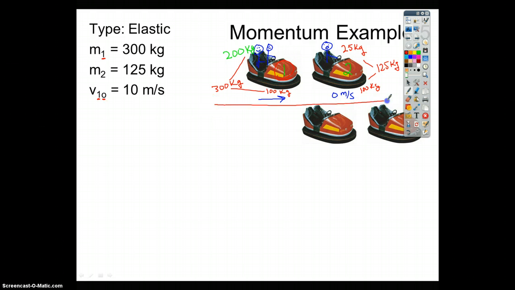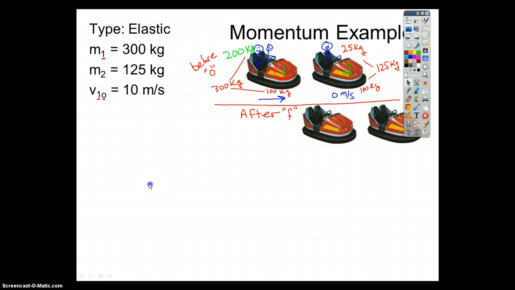Everything above the line is before the collision, and everything below is after. We usually use a little O to indicate before, meaning original, and an F for after, or final. That would probably be the easiest way for you to do it.